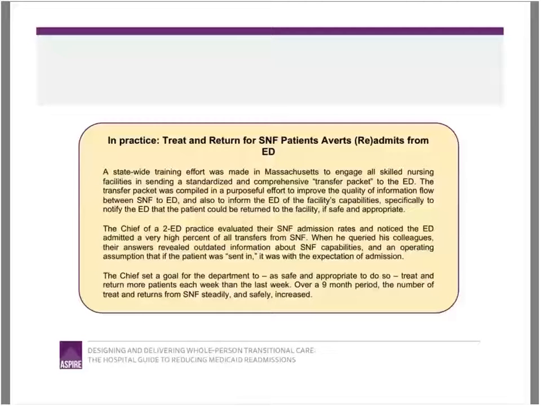They then engaged in a process of asking 5 whys: why do we admit such a high percentage of patients from the skilled nursing environment? They went through a series of discovery discussions around why these high admission and readmission rates might exist.